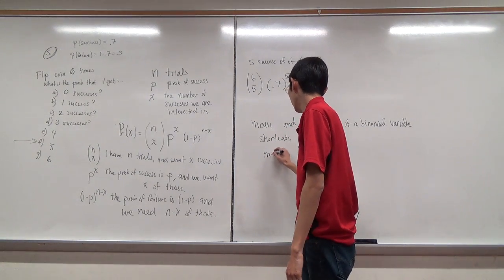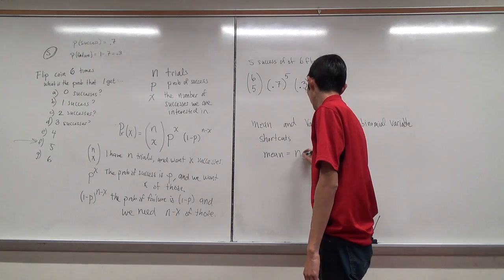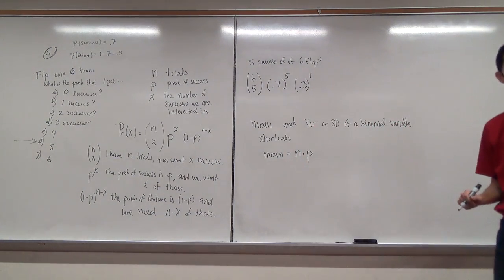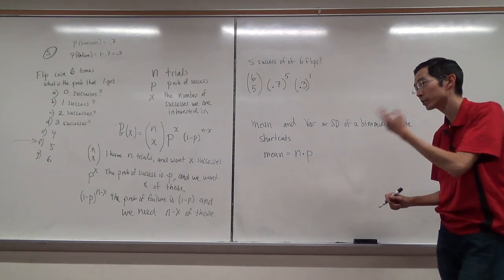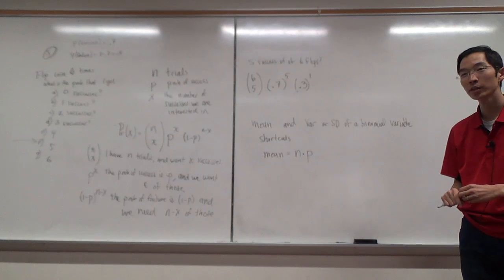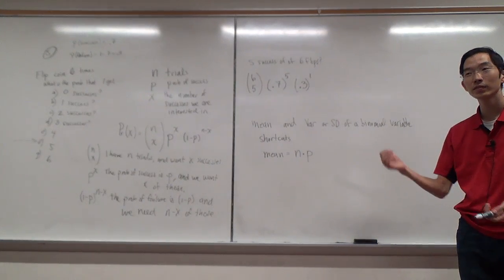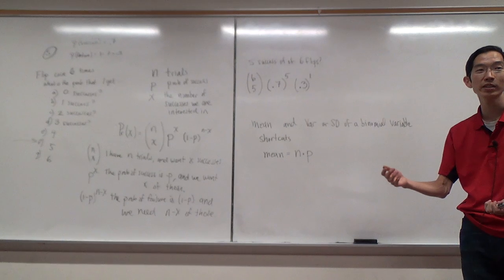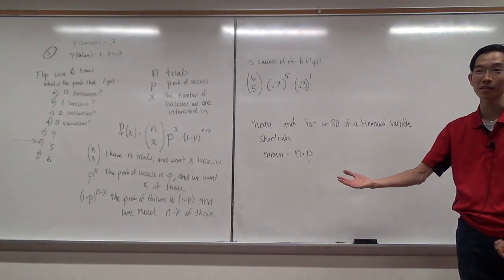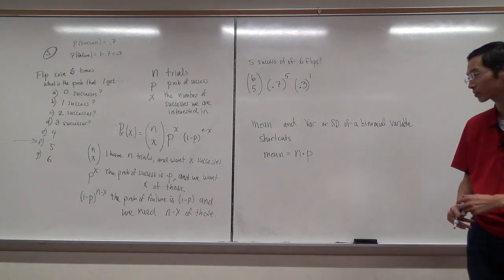The mean is going to be n times p. And that makes sense. If I'm flipping the coin 100 times, and the probability of a success on one coin flip is 0.7, after 100 coin flips, I'm expecting around 70 successes, more or less.